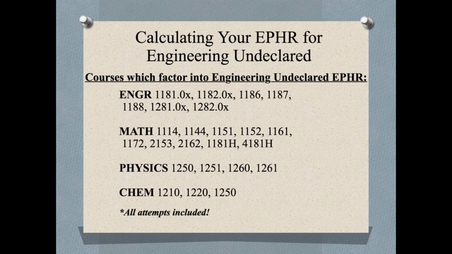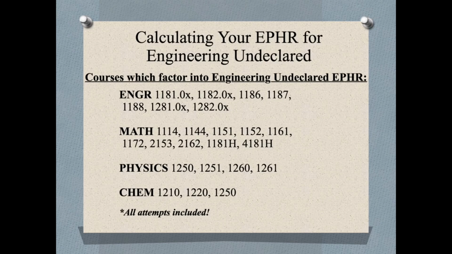Your eligibility point hour ratio, or EPHR, is based on the prerequisite courses to apply to your major. Because there is no application to major for engineering undeclared, we use the courses that are common in the EPHRs for the other majors in engineering. So, any coursework you take in the first year engineering sequence, whether it's through FE, FEH, or the transfer sequence, all of the calculus courses you could take, regardless if you're taking the standard engineering, honors, or accelerated track, the physics courses in either FE or FEH, as well as any of the chemistry courses you could be taking for engineering, will all be used in your engineering undeclared EPHR calculation.